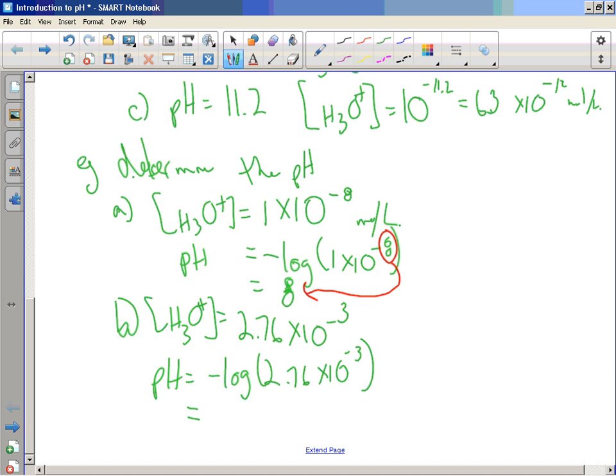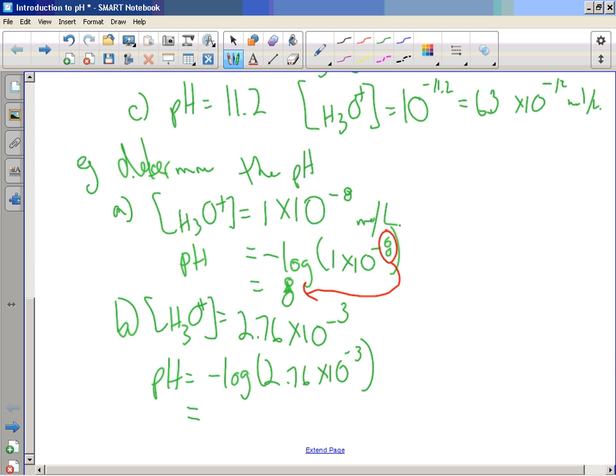So that means we've got to be close to 3. This number 2.76 is actually between 0 and 10. If this number became a 10, then 10 times 10 to the negative 3 makes it negative 2, okay?